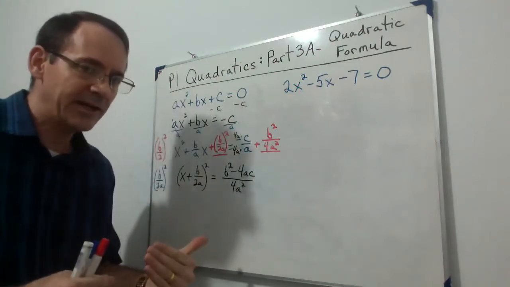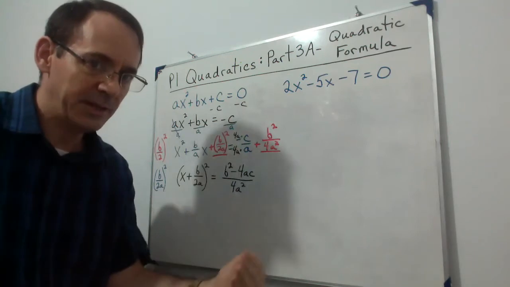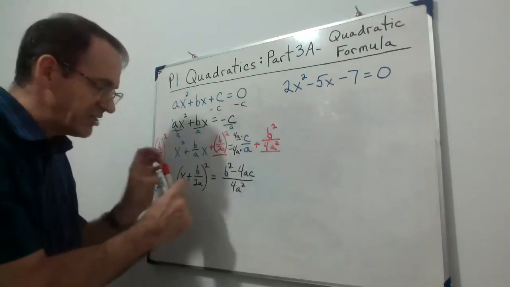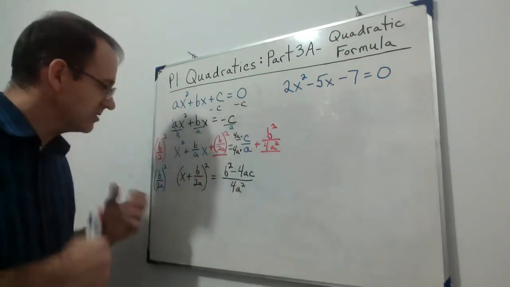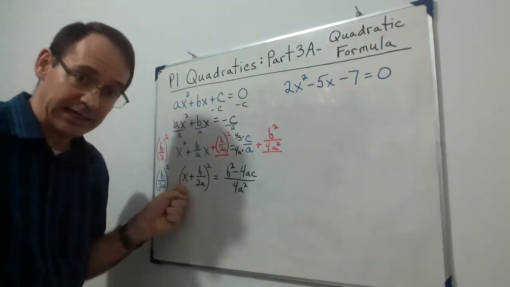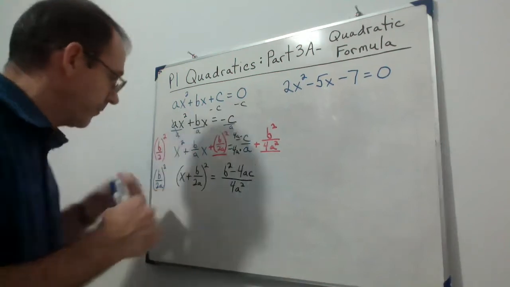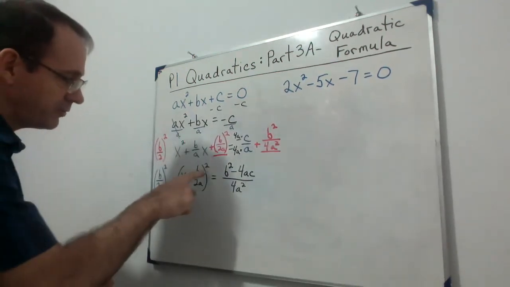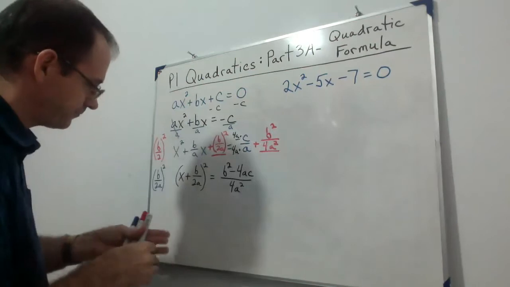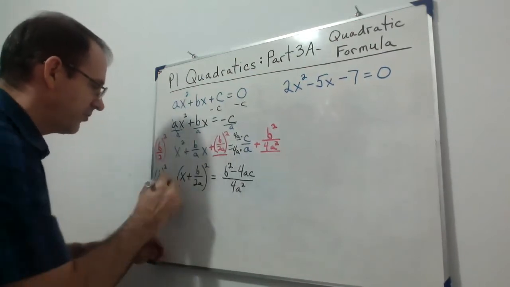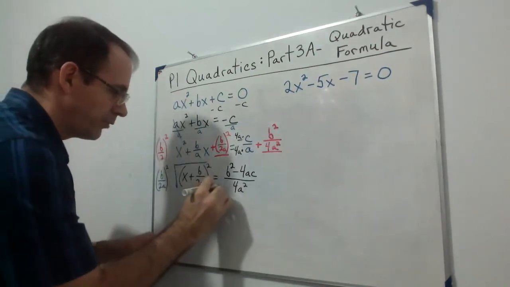Now we want to carry it on a couple of steps further. We don't want to just change the form. We actually want to solve for x. We want to know what is the value of x. So to do that, well, you have to get rid of this square here. So we're going to square root both sides.